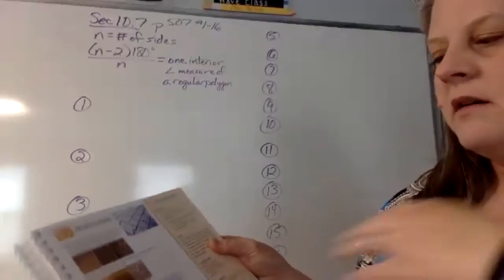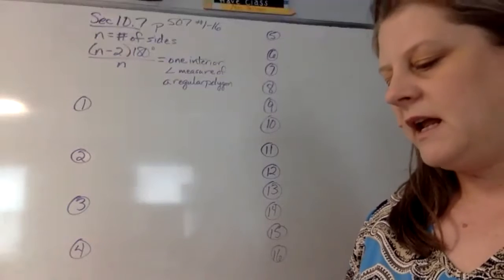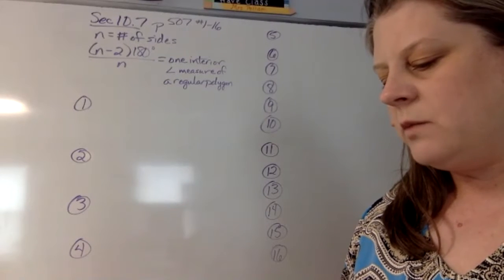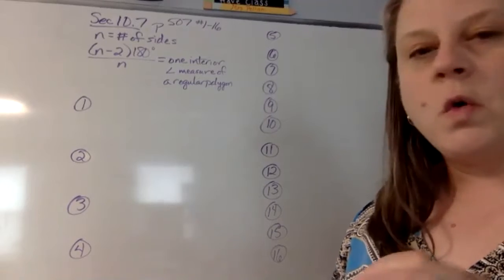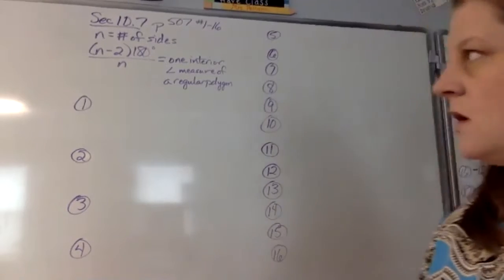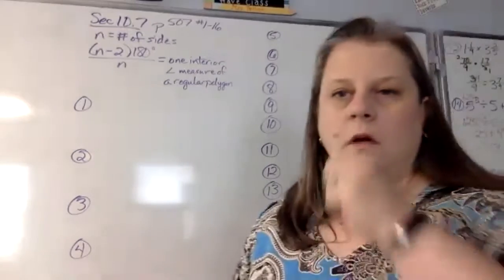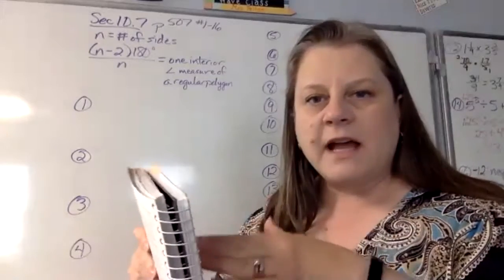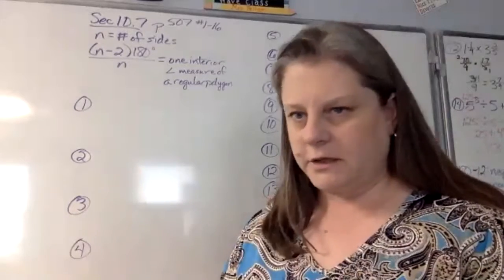Now, it says a tessellation is a covering of a planar region with one or more figures so that there are no overlaps and no gaps. So the figures actually don't overlap or gap. Their sides and vertices meet. They touch each other.